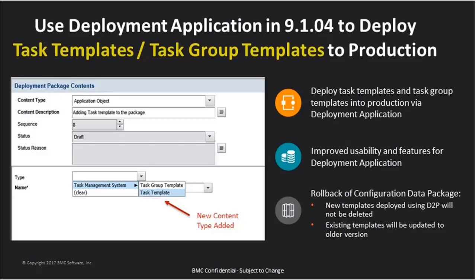As you build a package, you can select and pick the corresponding task group templates or task templates and build a package, and then use that for testing or for production deployment, with all the benefits that such a deployment concept has.